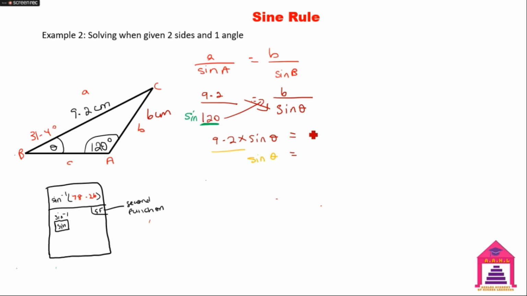So it's supposed to be 6 multiplied by sine 120. Alright?